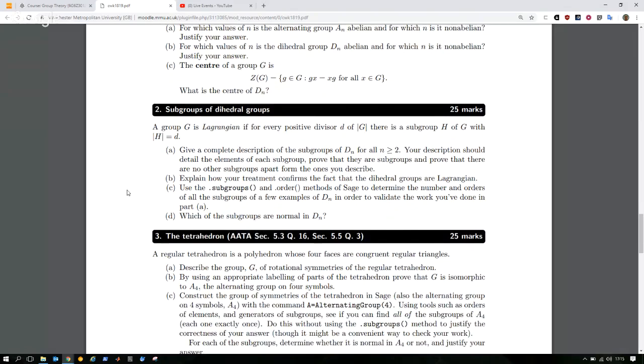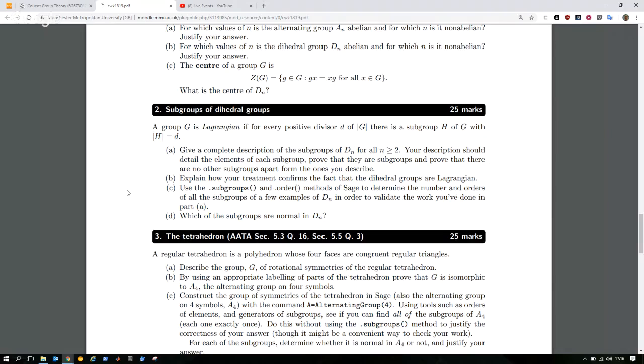Okay. Now, in part A, you're asked to give a thorough description of all of the subgroups of Dn, and to do this for every n. Okay? Your description should detail the elements of each subgroup, provide enough explanation or justification that they are subgroups, and enough explanation and justification that your list is complete, that you haven't missed out any subgroups.